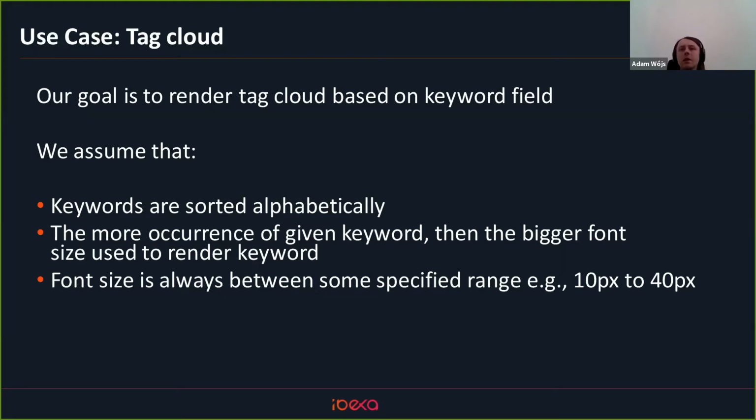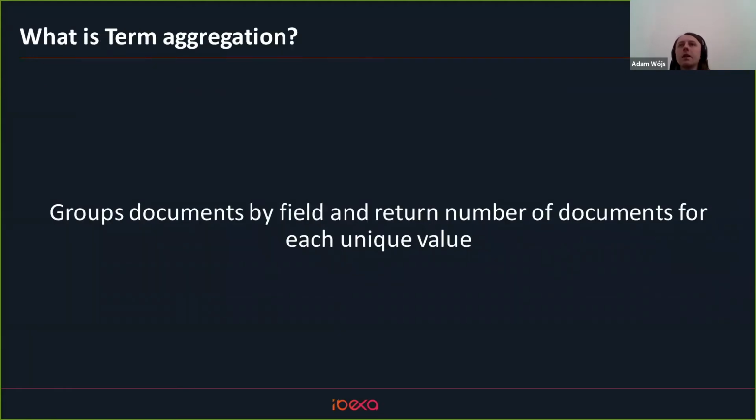We will, of course, assume some basic stuff, that the keywords will be sorted, like if the most occurrences of the given keyword are in the results, then it should be rendered using the bigger font. And of course, this font size needs to be in some kind of range, in some constraints.